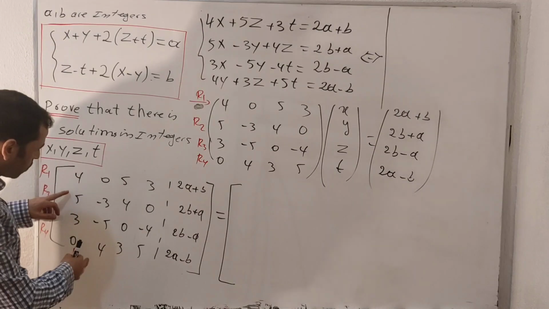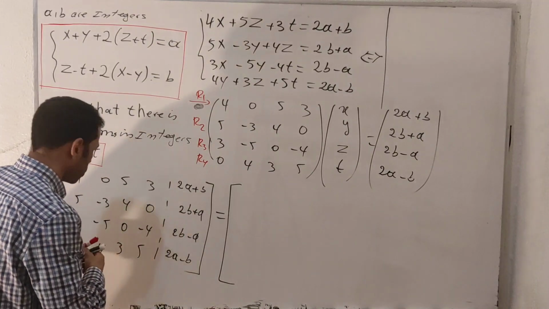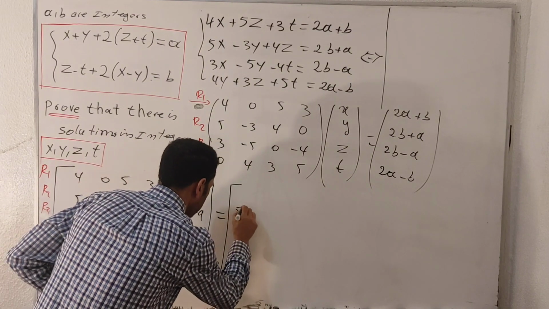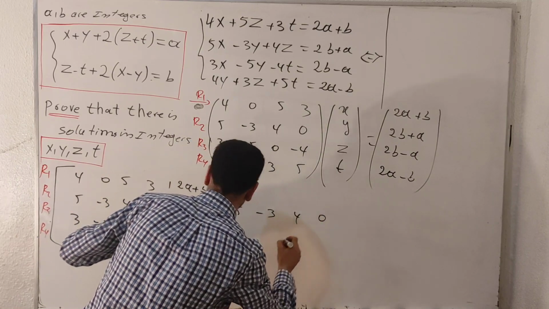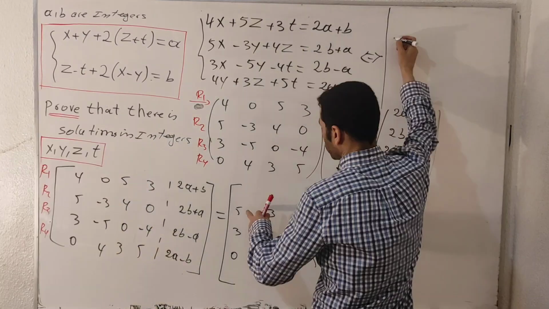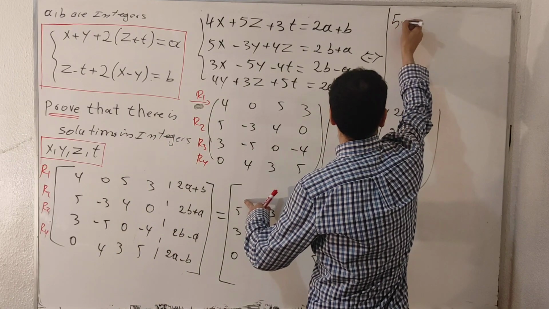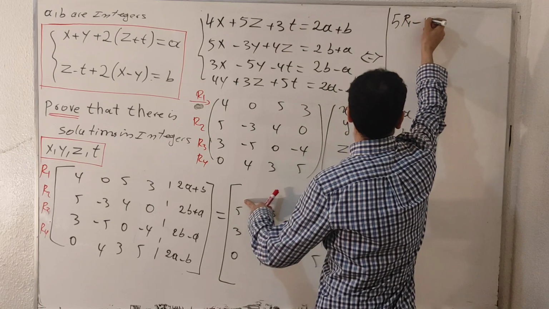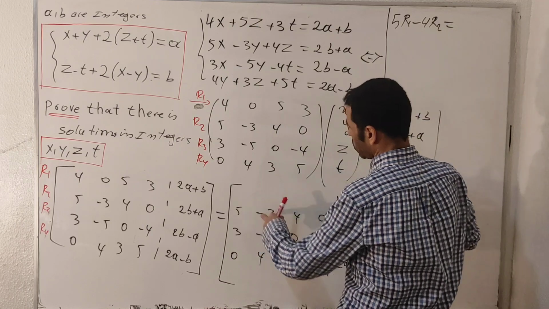First of all, I'm going to write down all the rows, so I will have 5, minus 3, 4, 0. I'm going to change the first row by applying Gaussian elimination: 5r1 minus 4r2, to see what the values are.